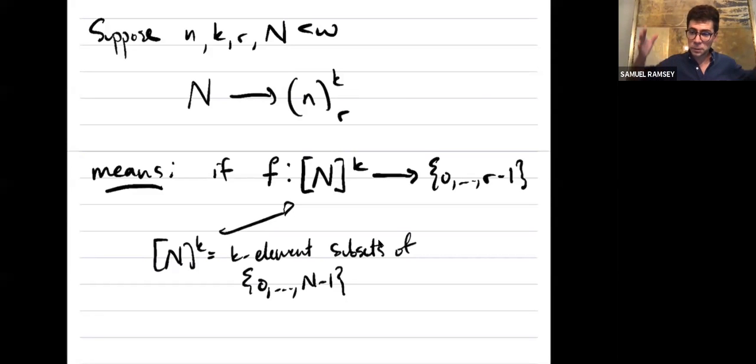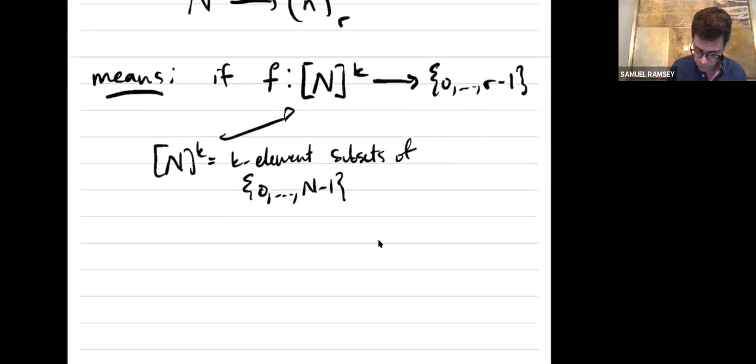So I take my capital N element set, I look at all of its k element subsets, and I assign them r colors.